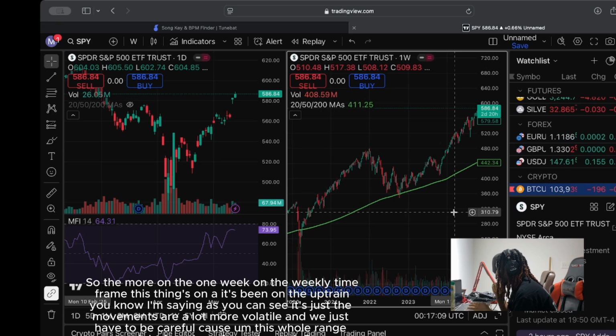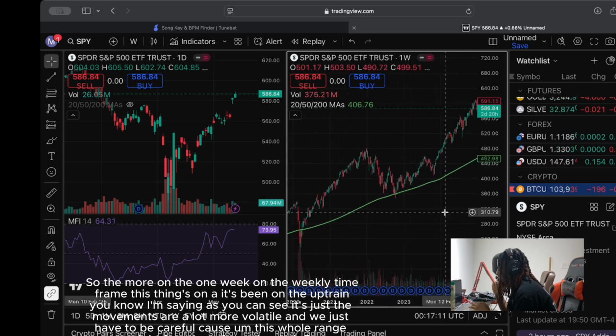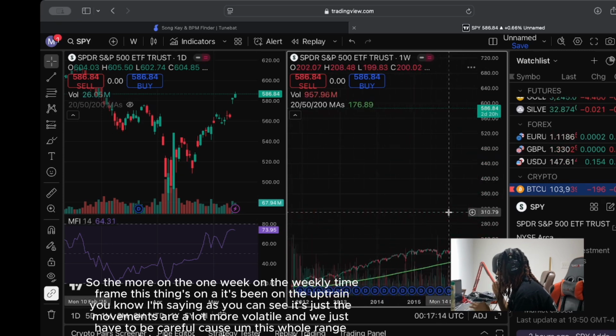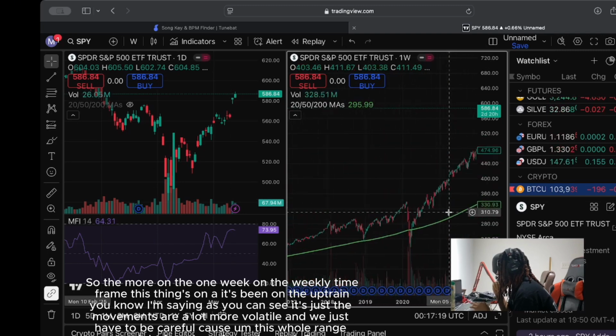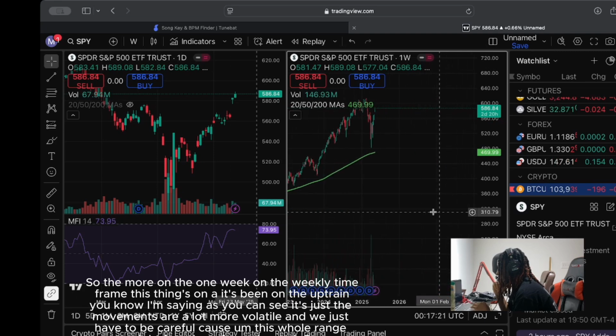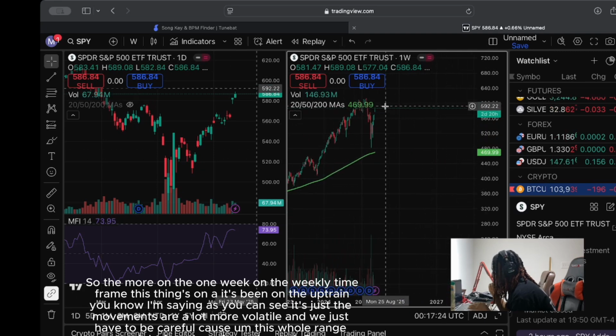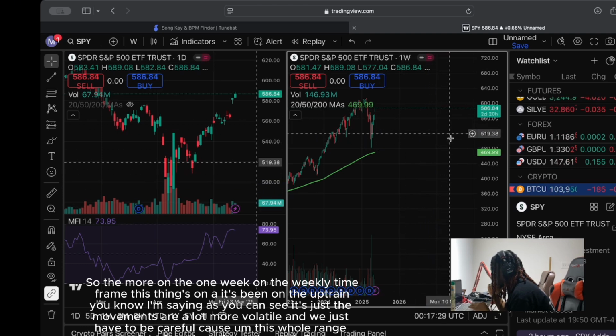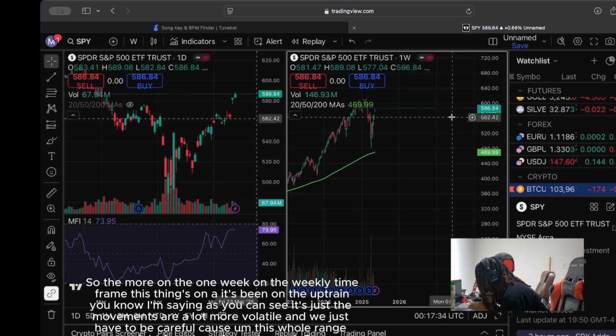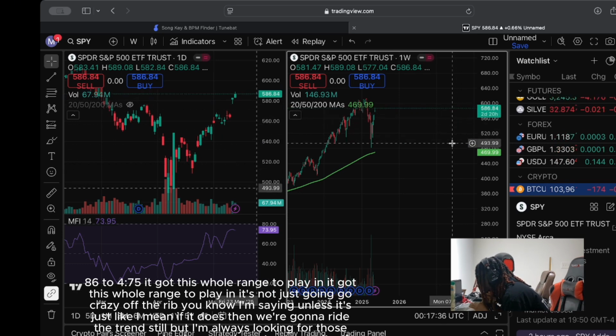On a weekly time frame, this thing's been on the uptrend. You know what I'm saying? As you can see, the movements are a lot more volatile, and we just have to be careful because this whole range, from about 586 to 475, it has this whole range to play in.